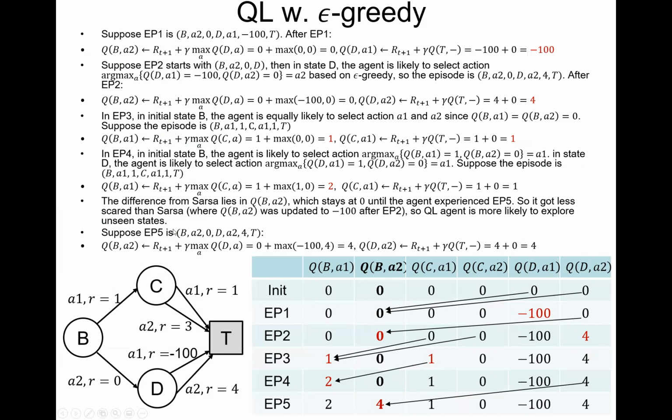So suppose episode 5 is BA2, DA2. Now you can update QBA2 from QDA2 as 4.